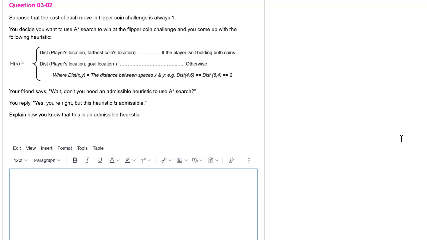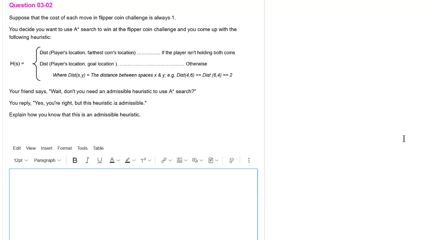So, there's 2 parts to this problem. The first is you just need to be able to define what is admissible. An admissible heuristic, a heuristic by itself, takes a node and returns a non-negative number. So it has to be non-negative, and it also has to be less than or equal to the actual cost of the lowest cost path from the node to the goal.